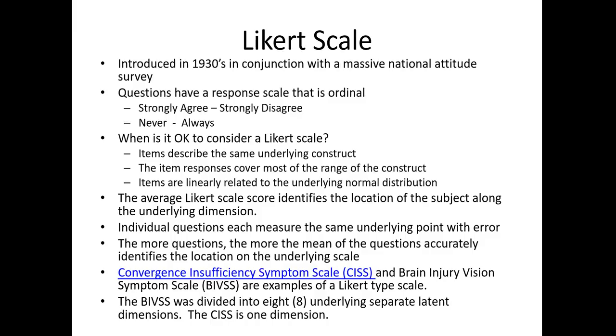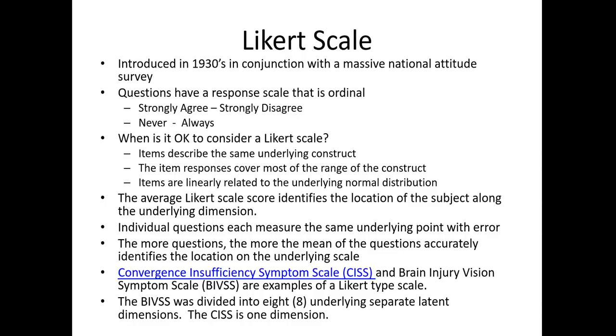Now we're going to talk about the BIVS, and the paper you reviewed, looking at it and doing regular parametric statistics on the Likert scale from the point of view of taking the averages of the number, and it has multiple underlying latent variables.